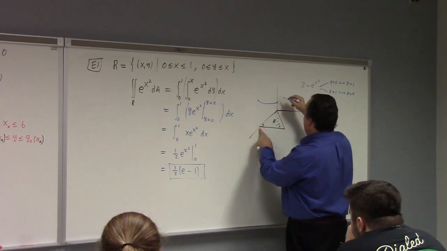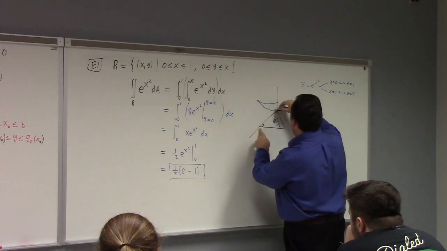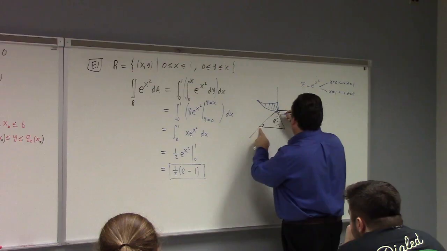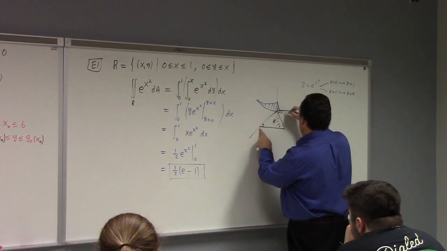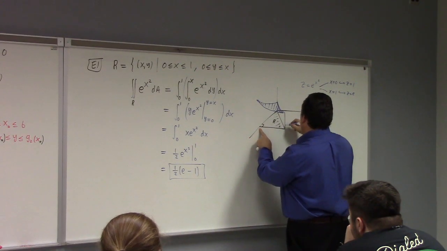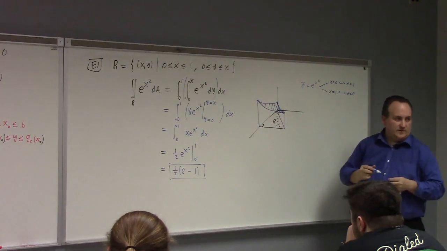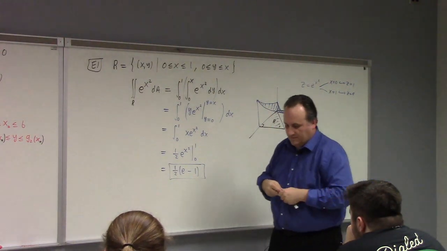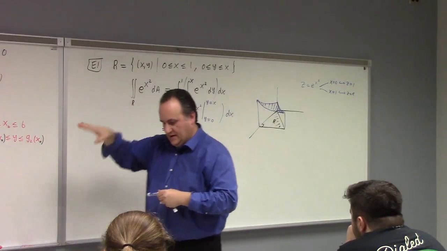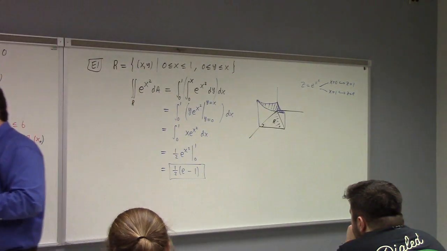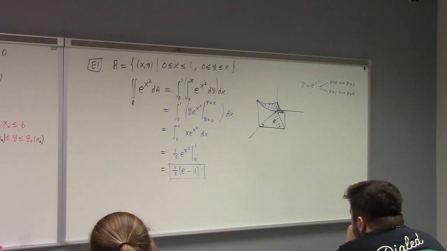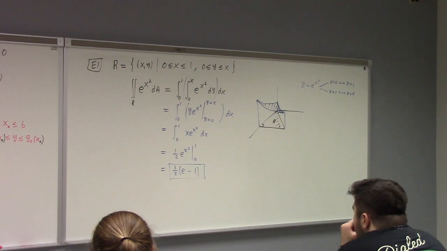I don't know, I can't draw this. It's awkward to draw. So something like this is the graph, right? And we're basically finding the volume of this thingy, sort of pizza shaped with a weird top, an exponential squared top, whatever that is. But yeah, that's the volume of that region.